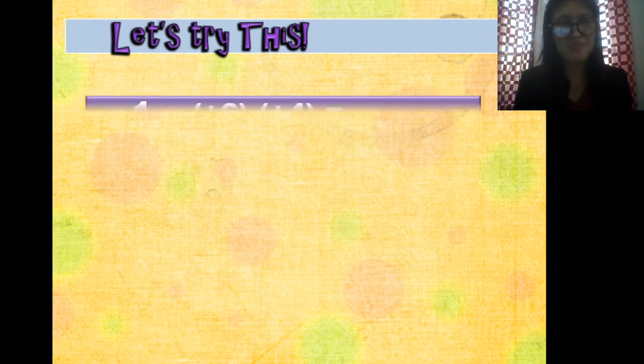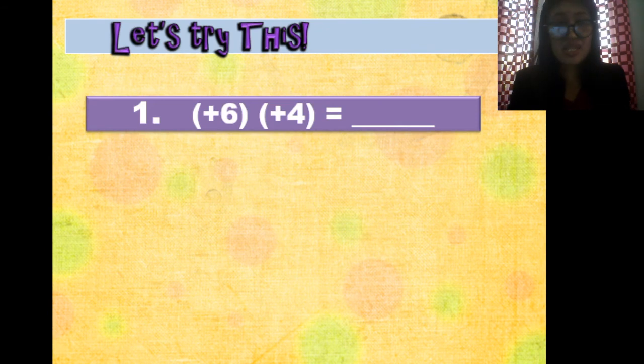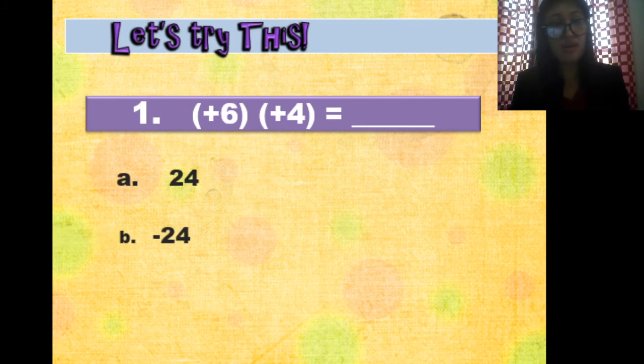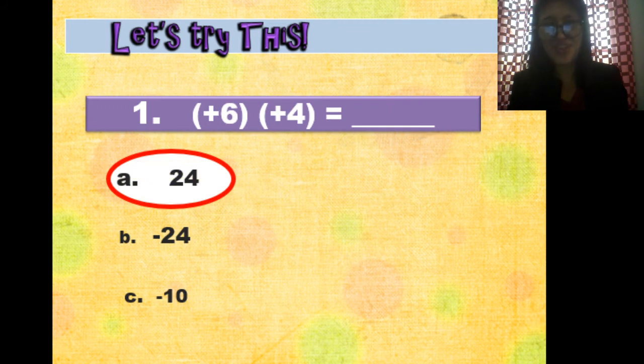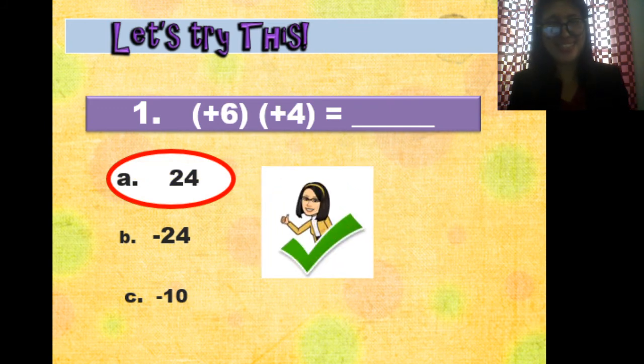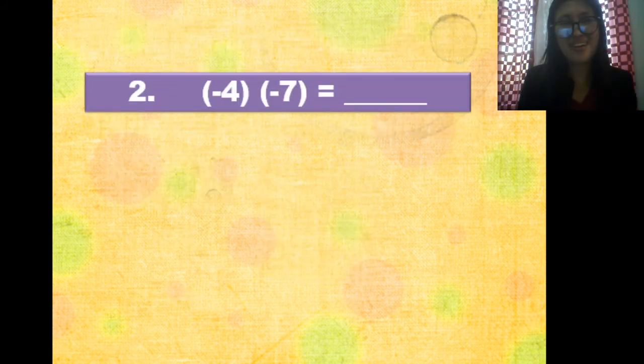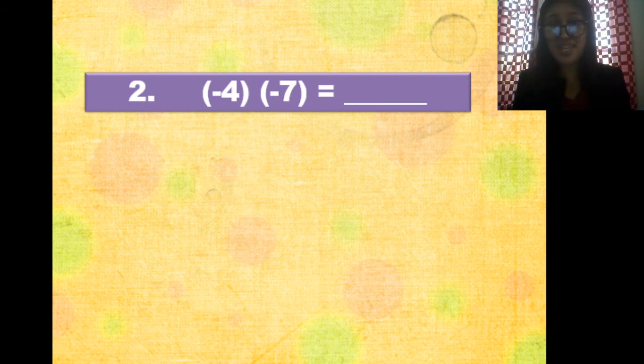Find the product. Positive 6 times positive 4. Both are positive. So, the product is 24, negative 24, or negative 10? The answer is 24. Very good. Okay, let's have another. Negative 4 times negative 7.